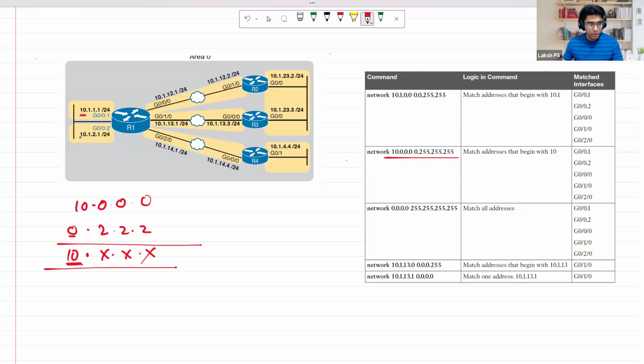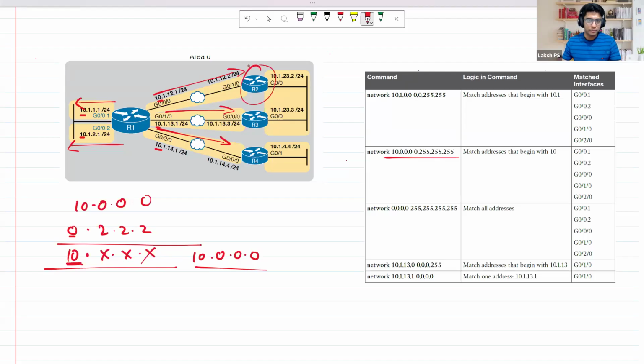Again, that is all these interfaces. Now it will advertise through these interfaces the 10.0.0.0 network to all the devices that are connected on that interface.